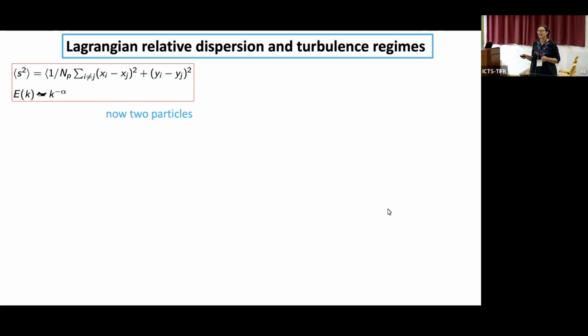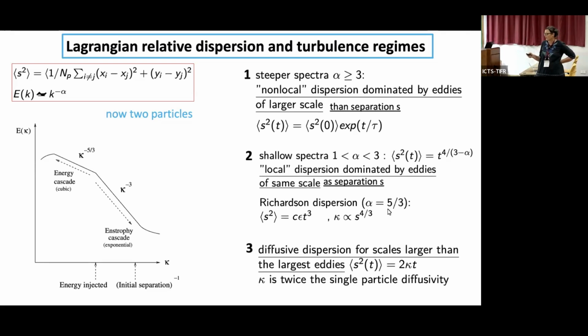If we have an underlying kinetic energy spectrum, then there are classical predictions. For steeper spectra, we have the so-called non-local dispersion, dominated by eddies that have a scale larger than the separation. Then your mean square displacement increases exponentially with time.